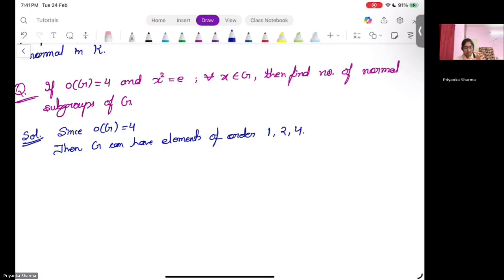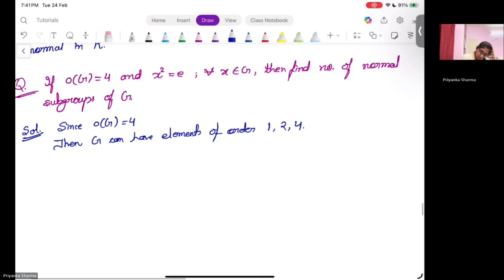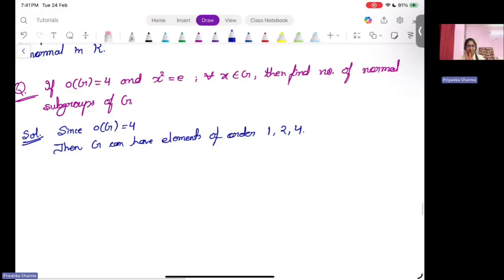This is the conclusion we obtain using only the first assumption that the order of the group is 4. Okay, because the order of an element divides the order of G. So other than 1, 2 and 4, we cannot have any possibility for the order of elements of G.